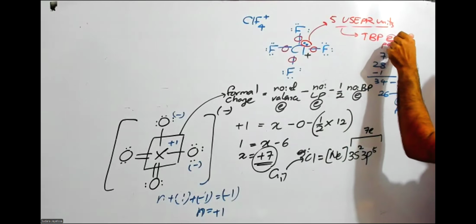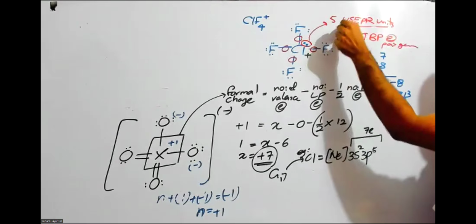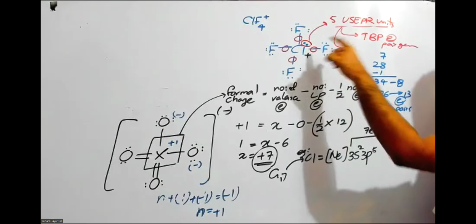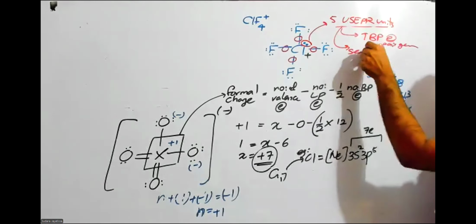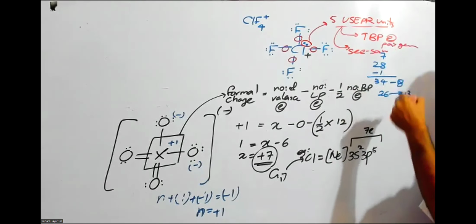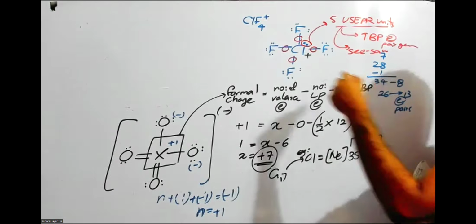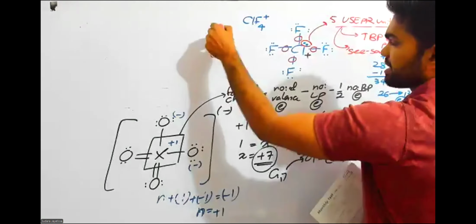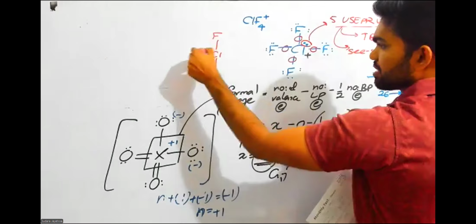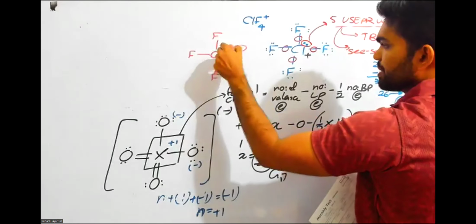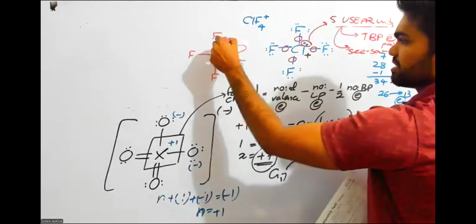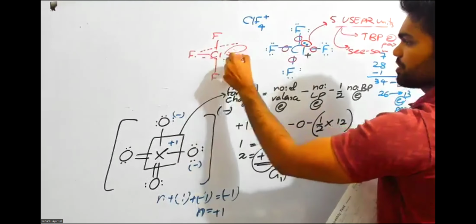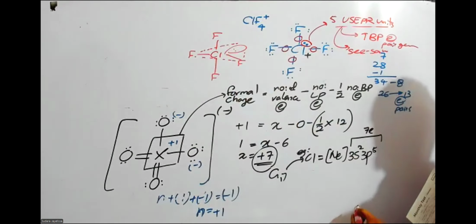And there's only one lone pair. So it should be seesaw shape. Seesaw shape. If you are properly drawing the molecule, then it should be like this. So fluorine, and there's a lone pair and another fluorine. This is the proper geometry of the molecule. Understood?